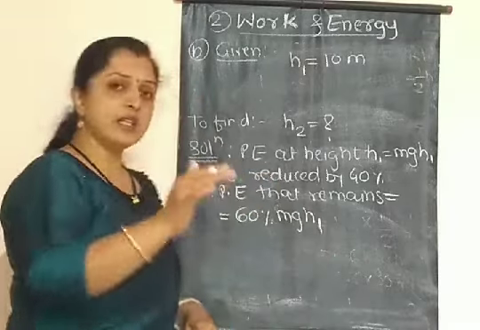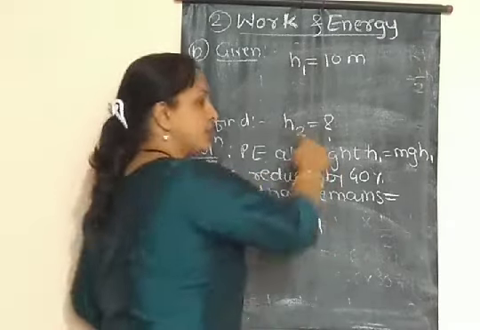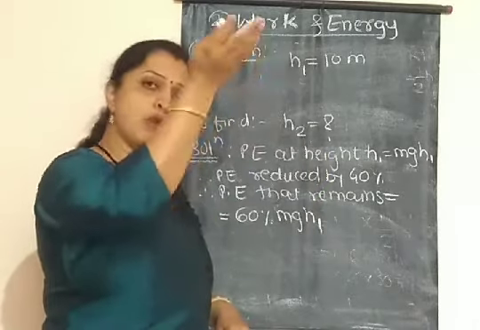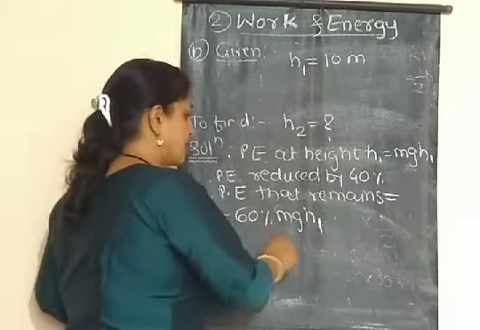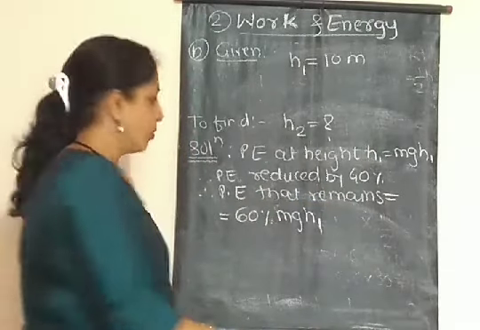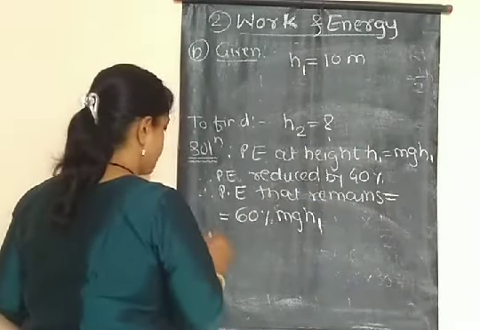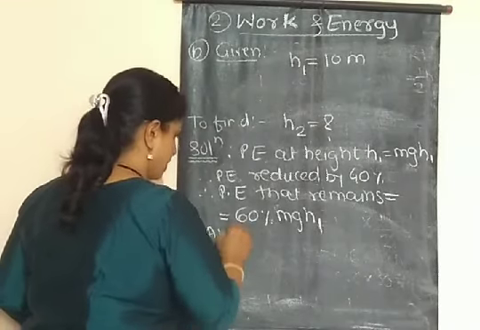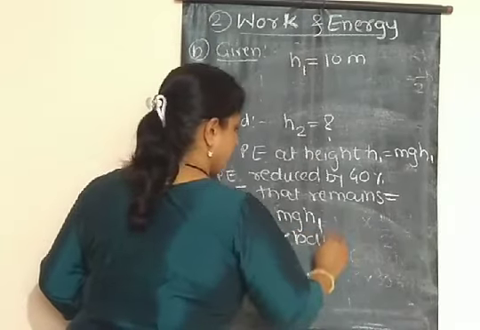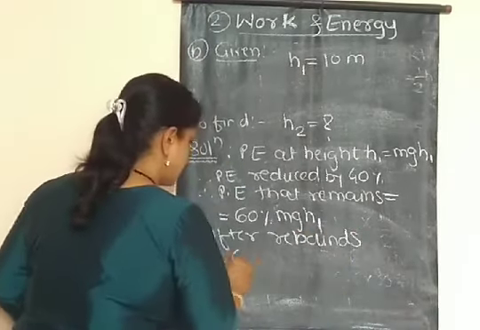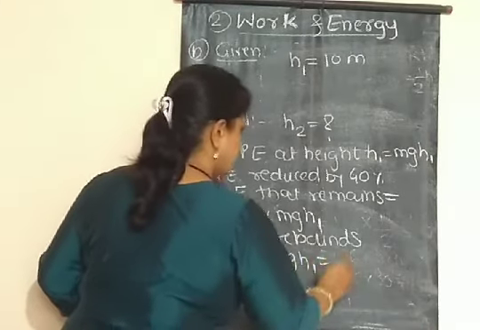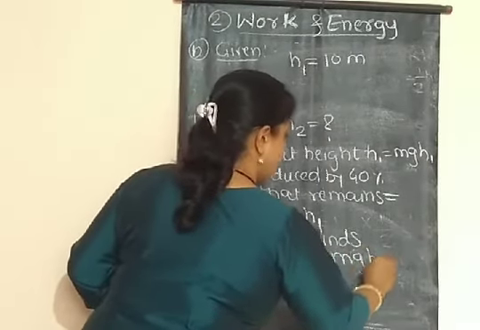And now when the ball rebounds up to height h2, okay, after some time when it hits the ground and rebounds up to height h2, this 60% of mgh1 gets converted into mgh2. So after rebound, 60% of mgh1 is equal to mgh2.